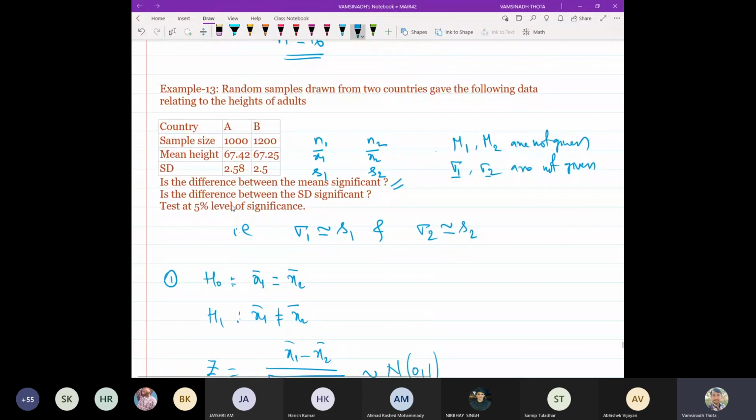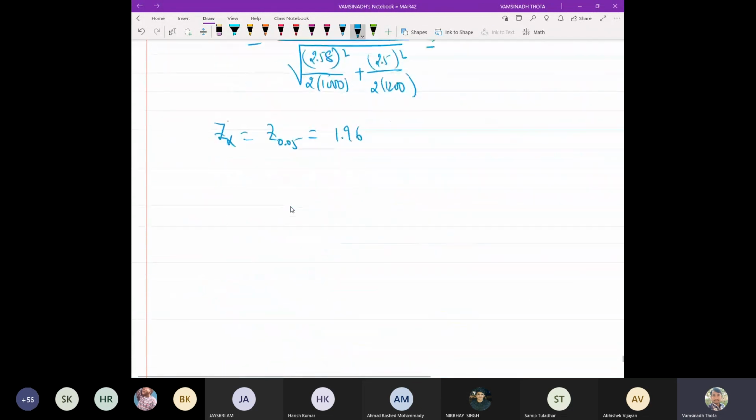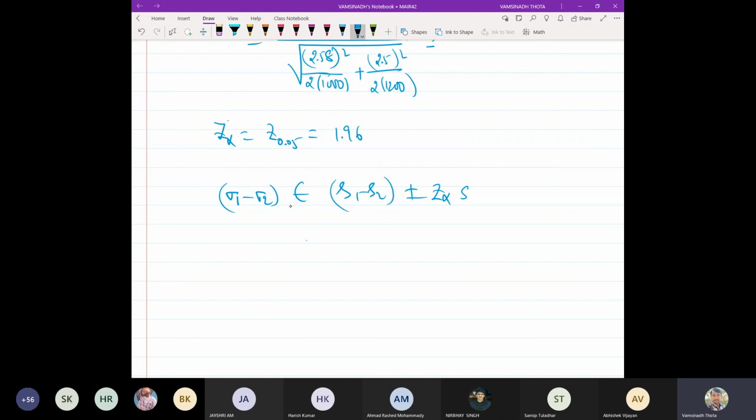Can you give the confidence limits for the difference between the population standard deviations? Of course, you can give it. The population sigma 1 minus sigma 2 belongs to S1 minus S2 plus or minus Z alpha, which depends on whatever confidence level you want, times the standard error of S1 minus S2.